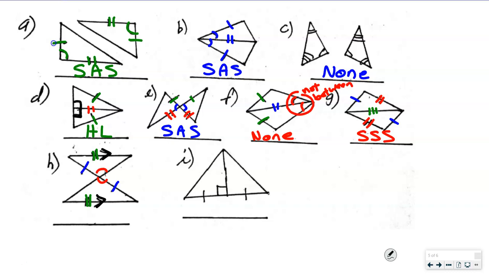So if those lines are parallel, we can show that those angles are congruent because of alternate interior angles. Those are alternate interior angles. Imagine this extending out, and these are your two parallel lines. So we've got alternate interior angles here.